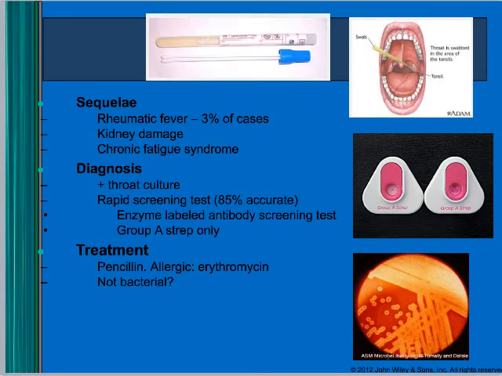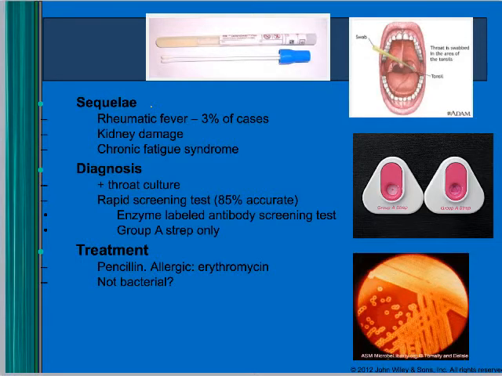Okay, strep is bad because it has sequelae that can be pretty bad. It can cause rheumatic fever, which we kind of talked about. Rheumatic fever is when the heart valves are damaged, and it can cause joint problems too.